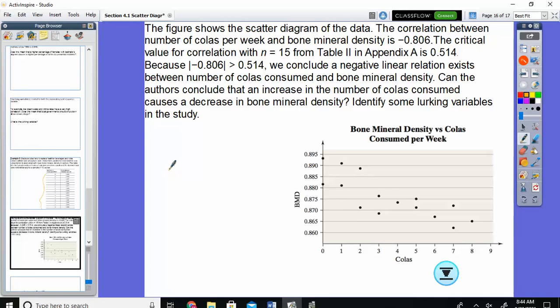So the correlation coefficient on this was negative 0.806. We had 15 women in this study. So look at your table. When your n is 15, what's your critical value? So is the absolute value of this greater than the 0.514? Yes, so that means there is a linear relationship.